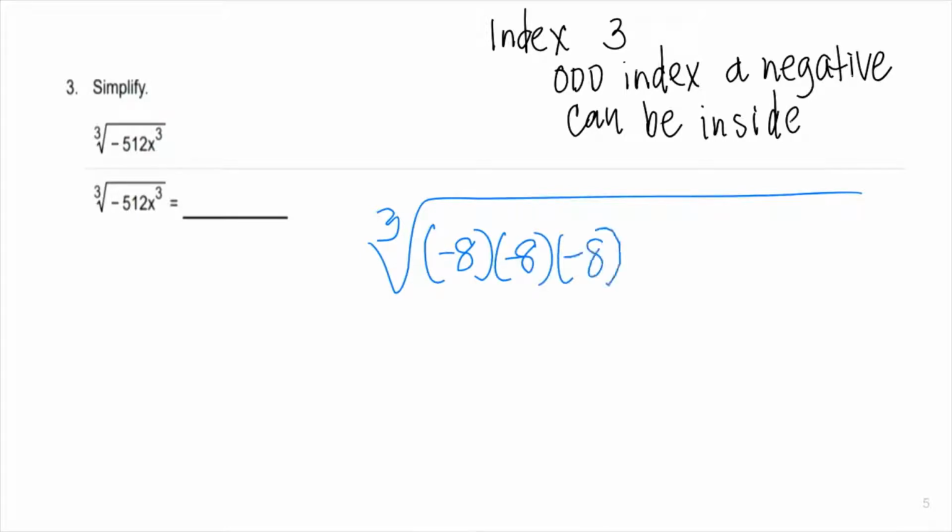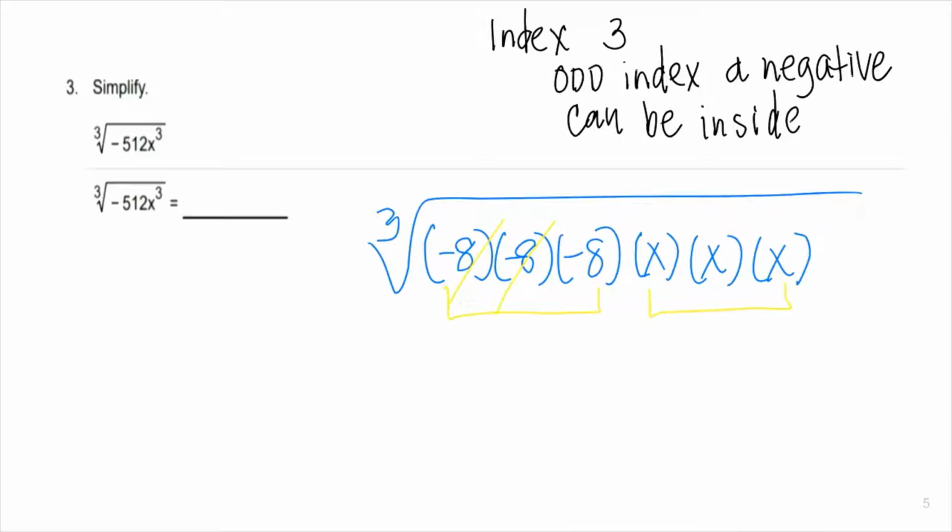So 3 of them need to be negative because in order to take it out, it has to be 3 of the same numbers, and it has to be 3 negatives. And then I can break down x, write x out 3 times. And now I can come up with my repeated group.